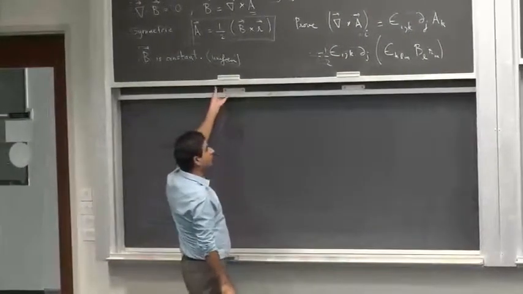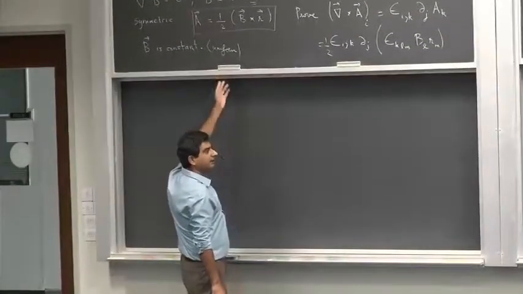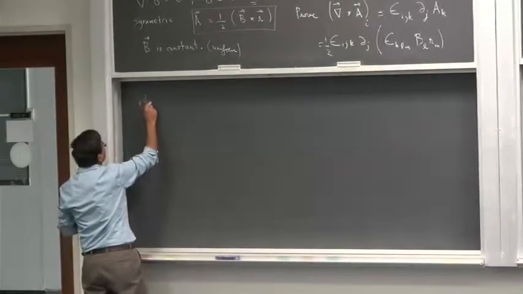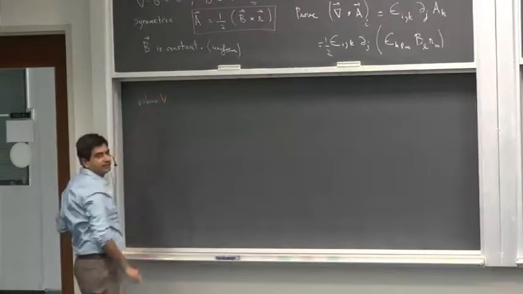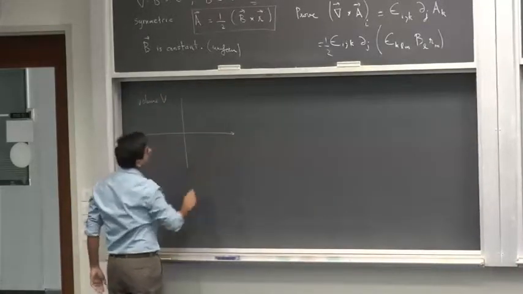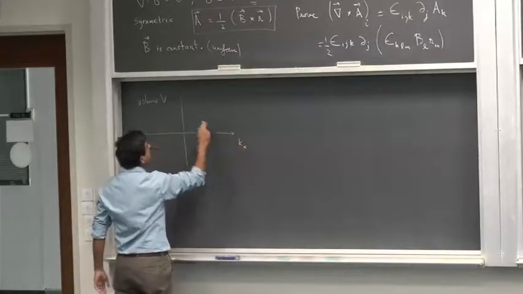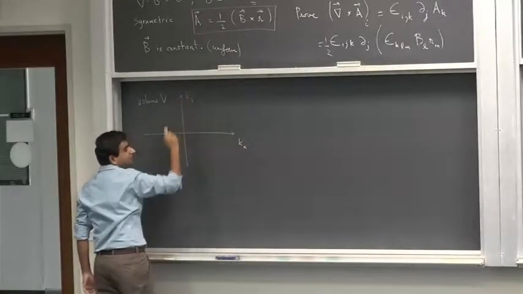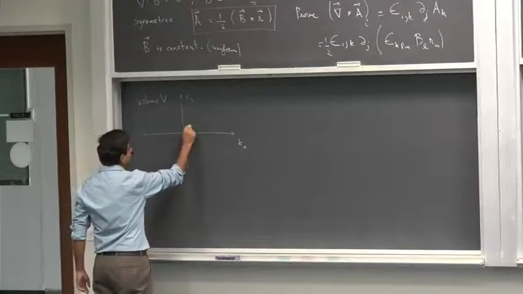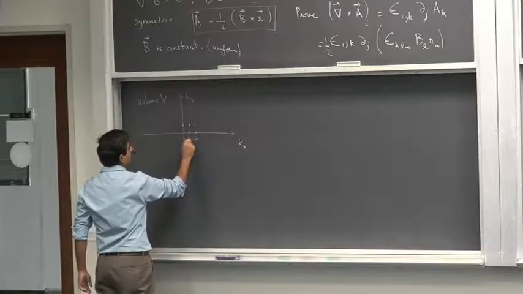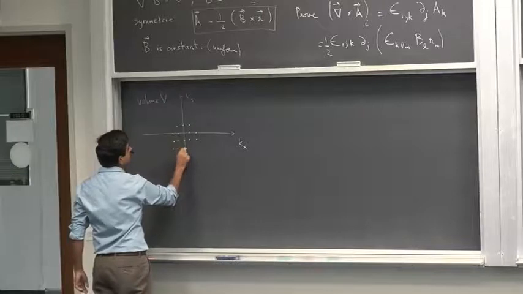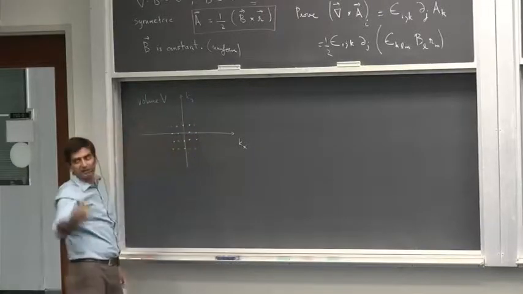We know that if we have a solid, and it's a bound solid of volume V, then if we look at the states of the electrons in the k space, there is a kx, there is a ky. The electrons take up different k values. Right? Likewise in the z dimension.